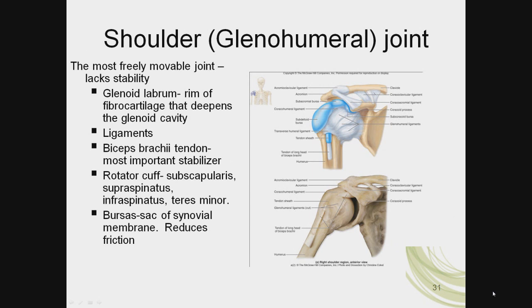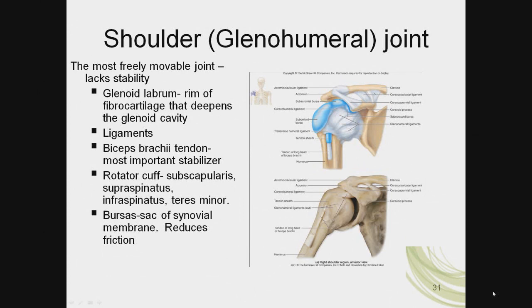Ligaments of the glenohumeral joint strengthen the joint only minimally. Most of the joint strength, as I said before, is due to the muscles surrounding it. In this case, the muscles that surround it are referred to as the rotator cuff muscles.